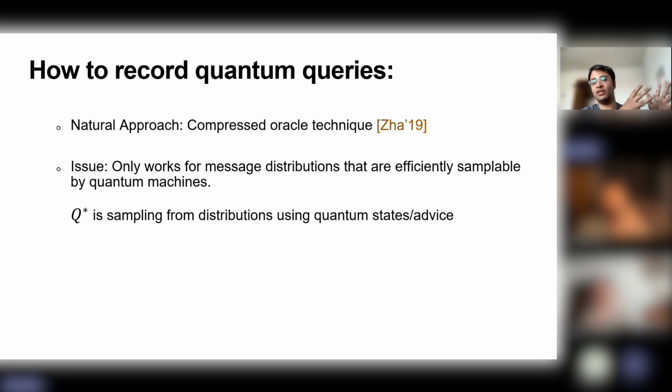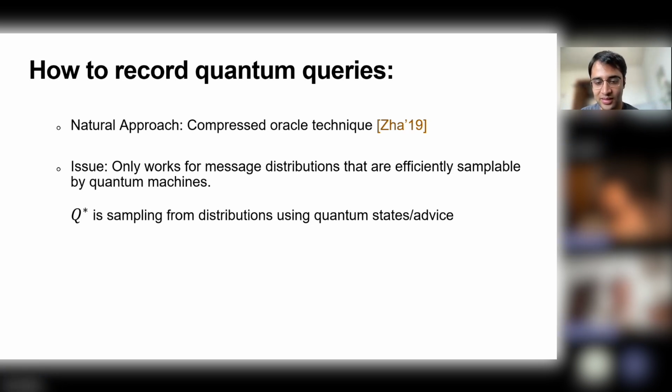Now, if instead of ket 0 you're starting with some psi, you can do this forward map. But going backwards, you can't necessarily always recognize that this is exactly the state I want, because you could only construct the state using advice. To recognize it again, you need more advice, and that causes problems in the argument. It just gets a lot messier.